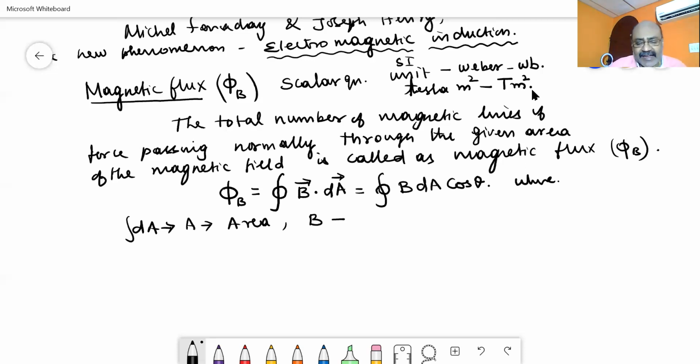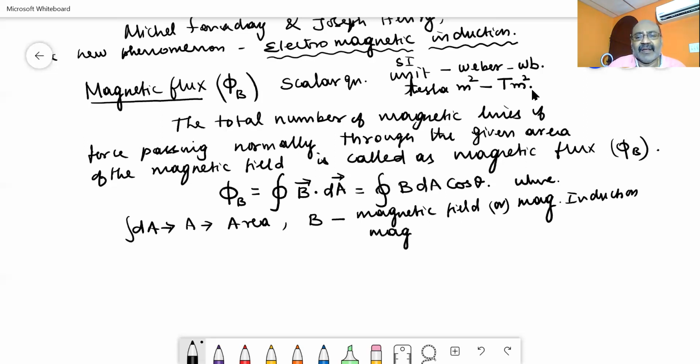B is the magnetic field or magnetic induction, or you can say magnetic flux density.